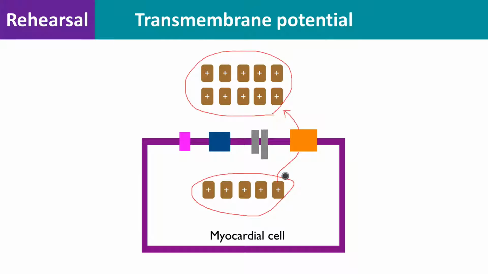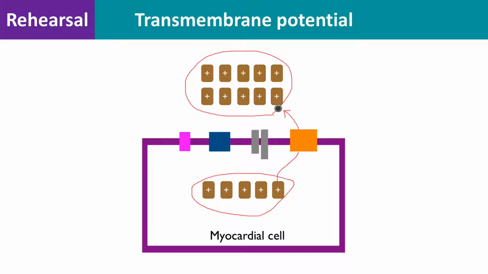And this means that there will actually be an electrical gradient across the cell membrane, because the concentration of positive ions outside the cell will be greater than the concentration of positive ions within the cell. And this difference in positivity will cause a voltage gradient across the cell membrane. And this voltage gradient will function as a battery. And this battery is used to start intracellular signaling, which ultimately leads to contraction of the cell.